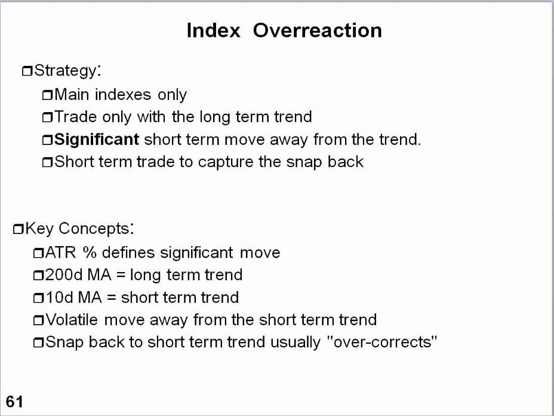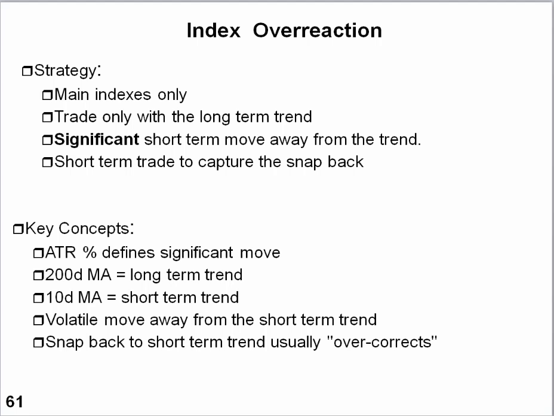So, the mechanical application of this is for main indexes only. It only trades in the direction of the long-term trend. It can go short or long, depending on that market condition.